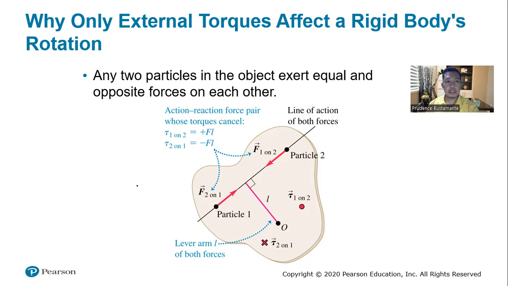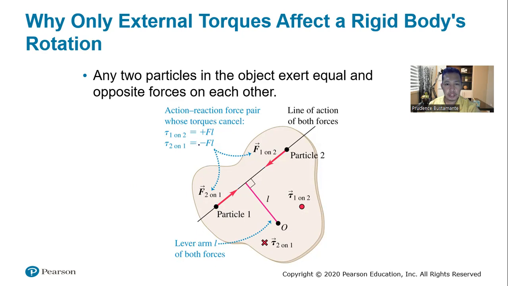This explains why only external torques affect a rigid body. If you have any two particles in the object, they exert equal and opposite forces on each other. So we have here F1, an action-reaction force pair whose torques cancel, because this is the lever arm.